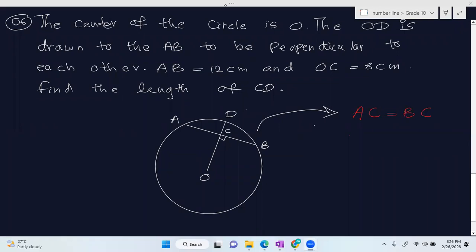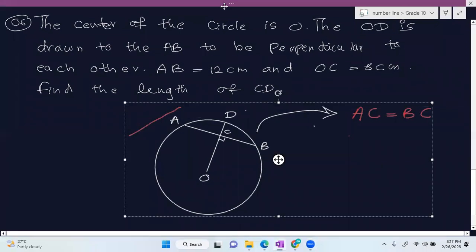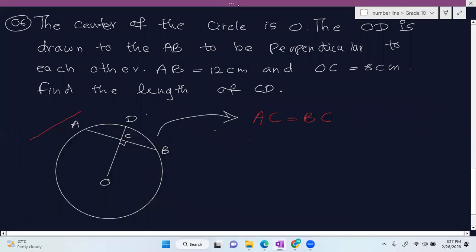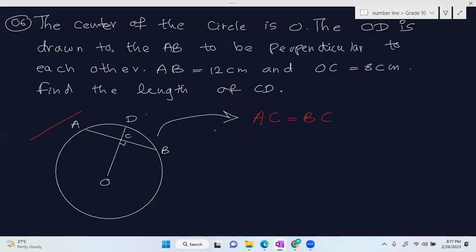Then if we consider the question, if we consider the data given, the center of the circle is O. The OD is drawn to AB to be perpendicular to each other.